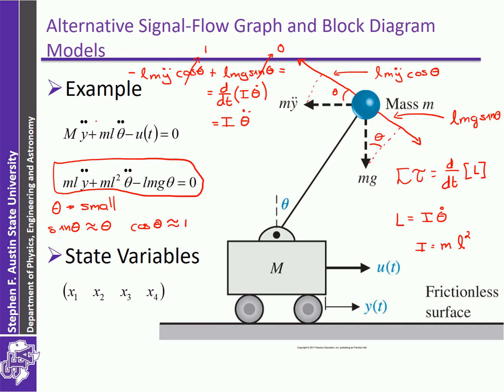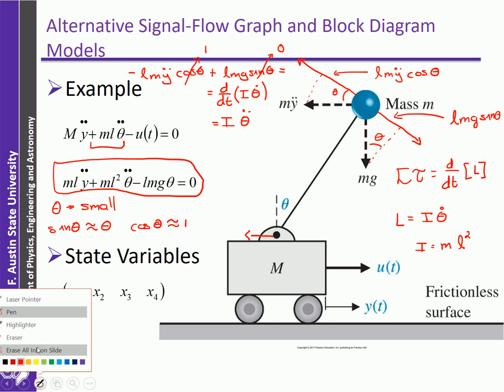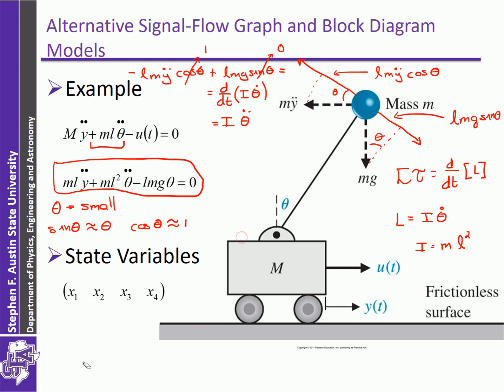Now for the cart, we're going to have something similar, but now we're going to look at the torque. Depending on how the cart is moving, the torque opposing it is going to be in a different direction. So we're looking at the tangential force, or the force applied to the cart. If the mass is pushing in one direction, according to Newton's law, we're going to see a force in the opposite direction being transferred.